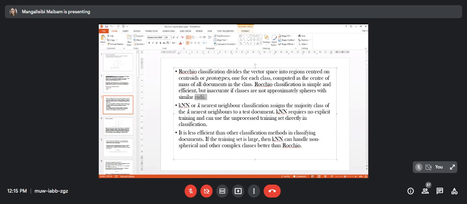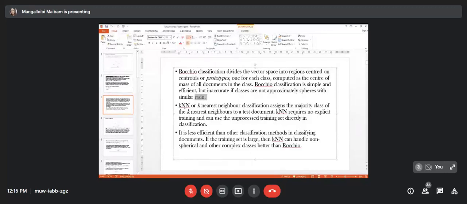Whereas in KNN, K nearest neighbor, this classification method assigns the majority class of K nearest neighbors to a test document. So here we are going to find the distance with the labeled class along with the unlabeled class. There will be some document values, and we are going to find the IDF values here, with term frequency weighting and all.